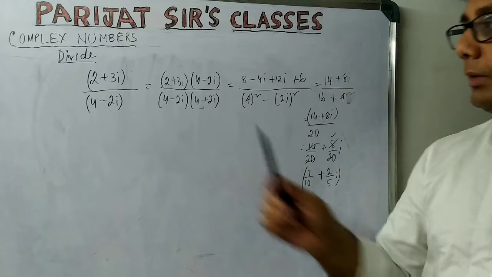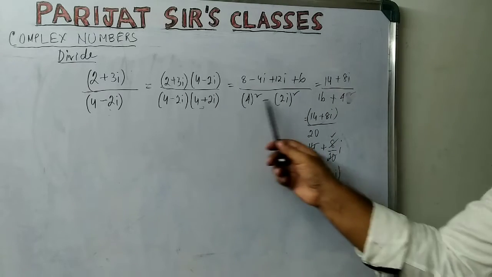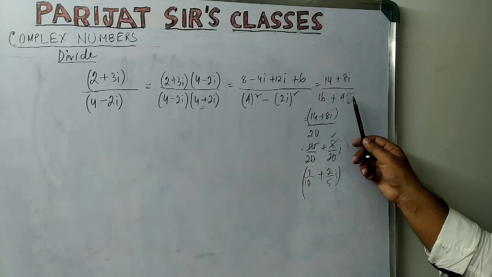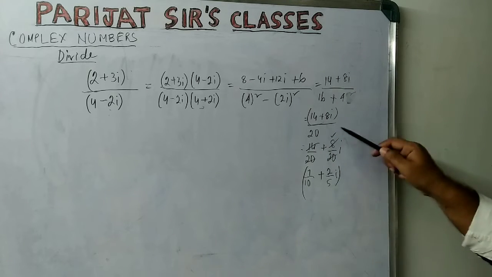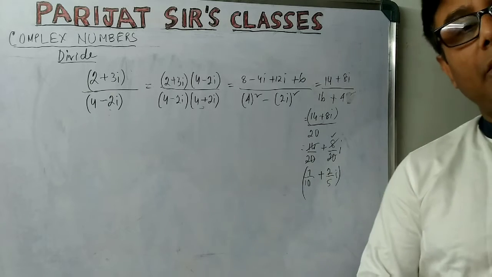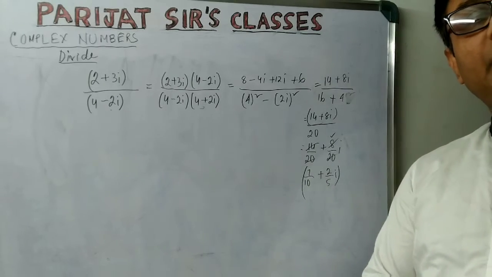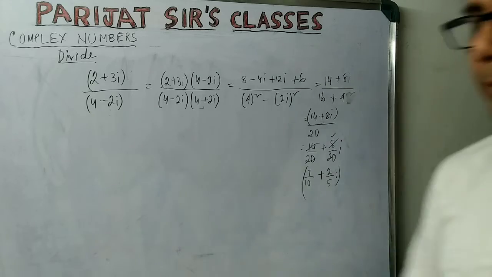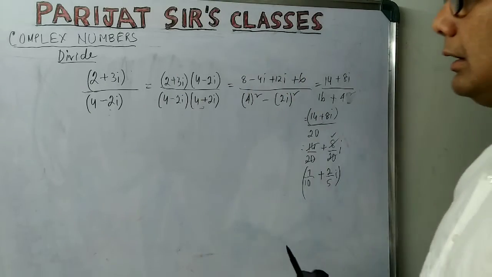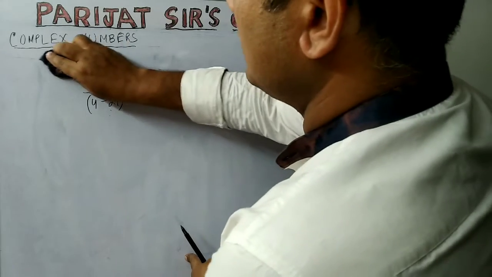Remember, i square is minus 1. This is a plus b into a minus b, a square minus b square. So again there is an i square, which makes it plus 4, and then separate it, because we should always write a complex number in the form of the real and the imaginary parts both like this. Okay, so this was the division of the complex number.